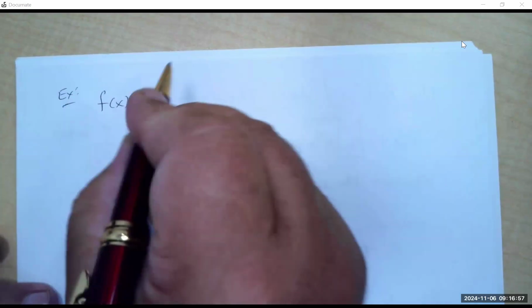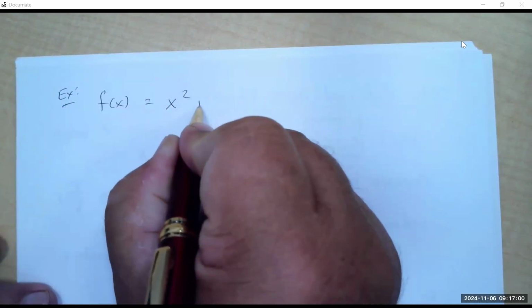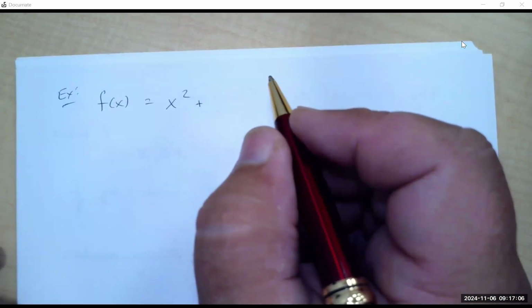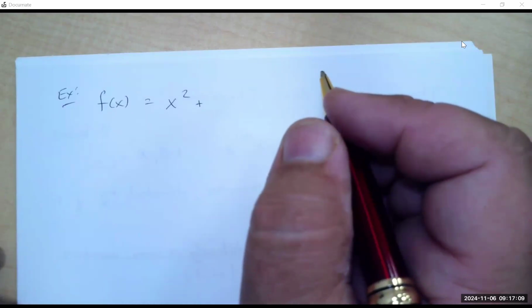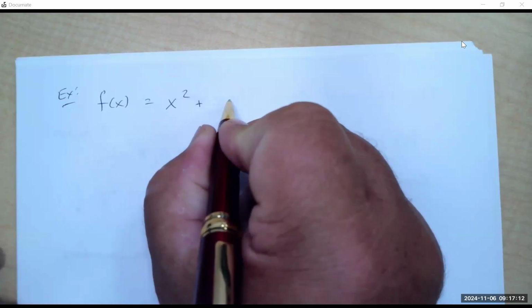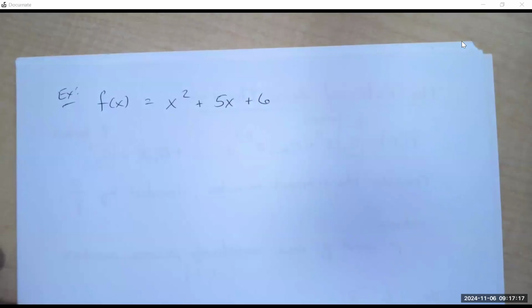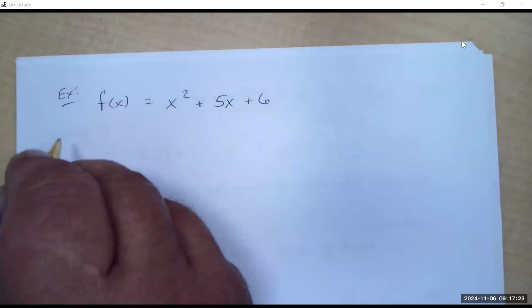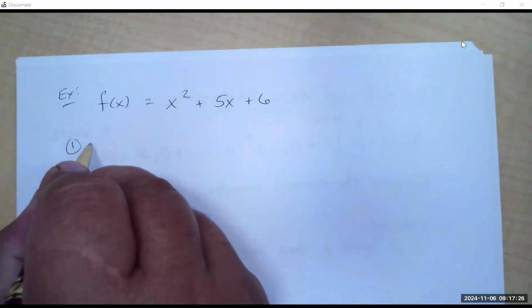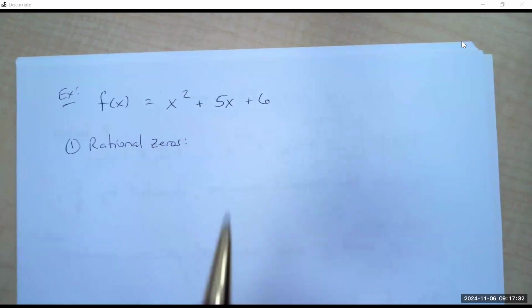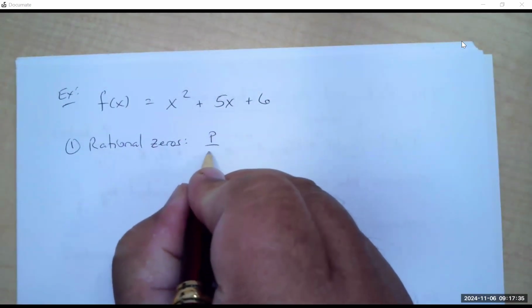If our function is x squared plus, let's see here. So first, let's find the rational zeros, which are the P over Q.